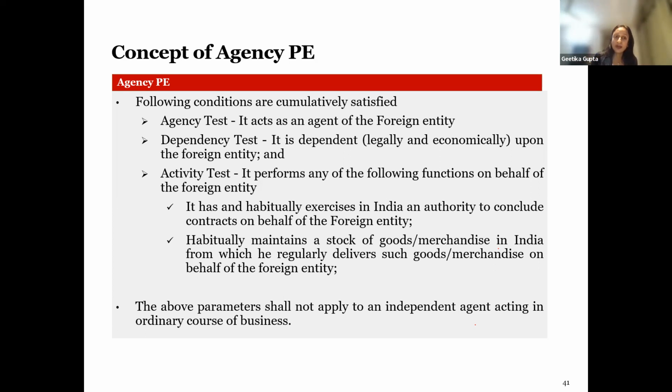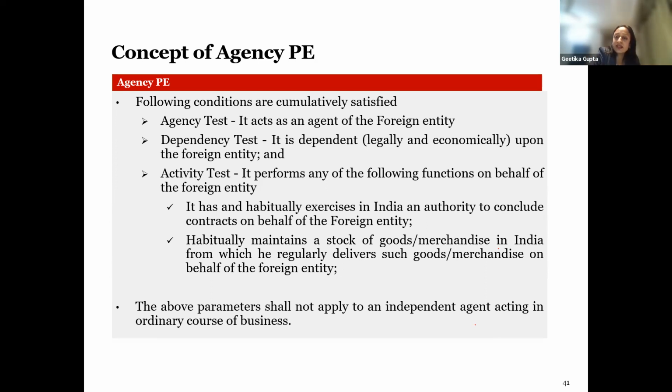Whether that automatically results in a PE, the answer is no. Even if the person is a dependent agent, to satisfy the PE test there are other conditions to be satisfied, like habitual conclusion of contracts, or habitually securing the orders, or maintaining stock of goods, to come to the conclusion that there is a PE of the foreign enterprise in India.